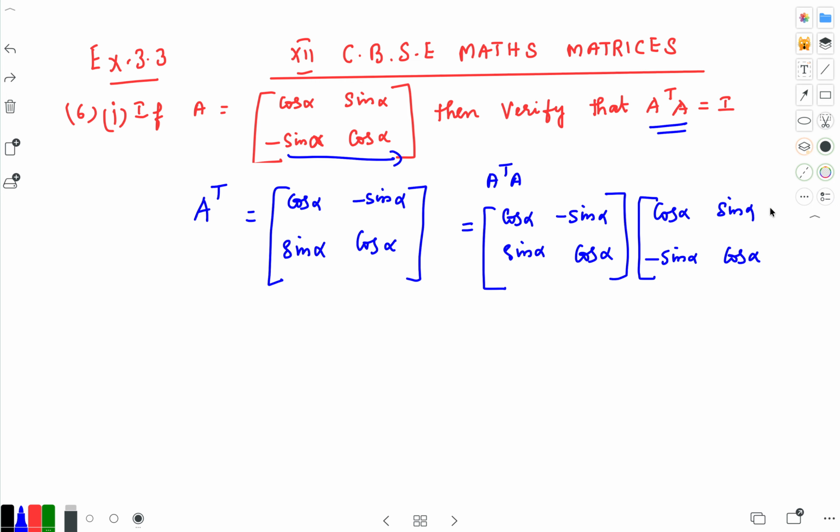To multiply two matrices, first we have to find the order of the matrices, 2 by 2 and 2 by 2. Then we check that the number of columns in the first matrix is equal to the number of rows in the second matrix. Here these two are equal, so A transpose A is defined.